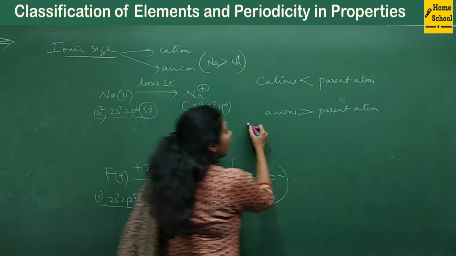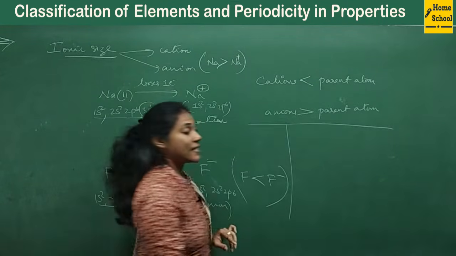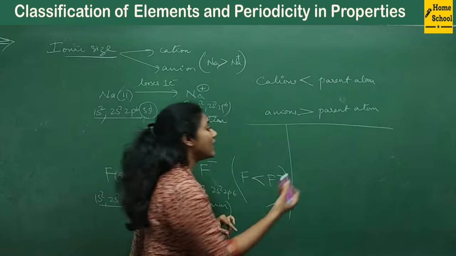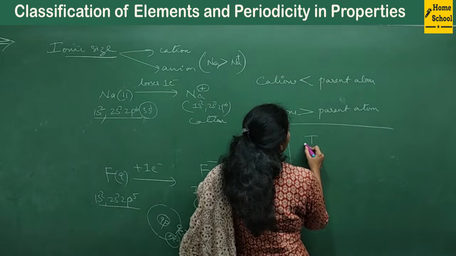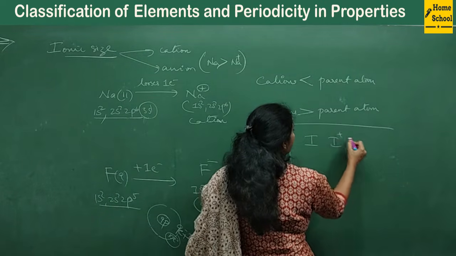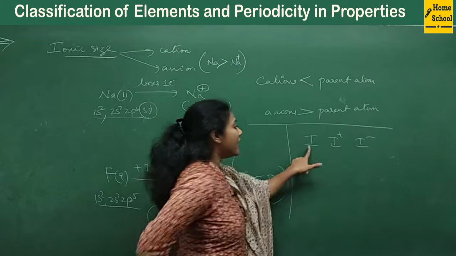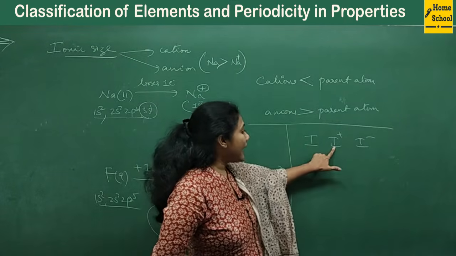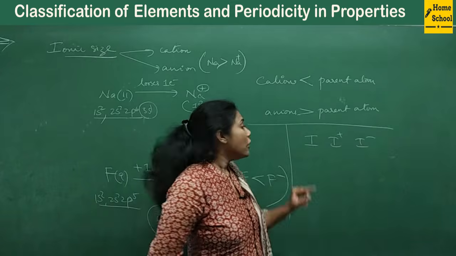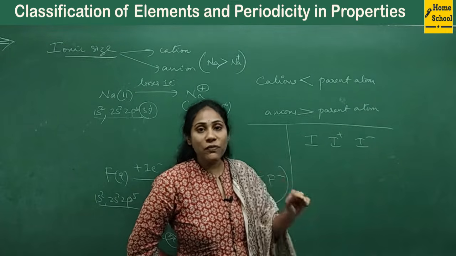Okay. So now on this concept, definitely you can expect a few competitive questions. Say for example, you have I+ and I minus. Iodine neutral atom, iodine cation, iodine anion. Okay, so among them, which one is bigger?